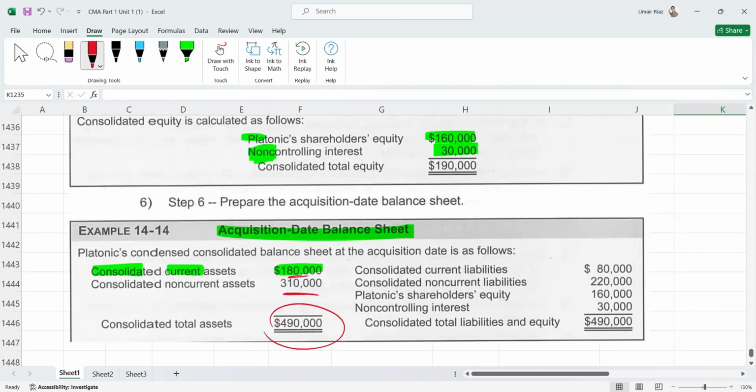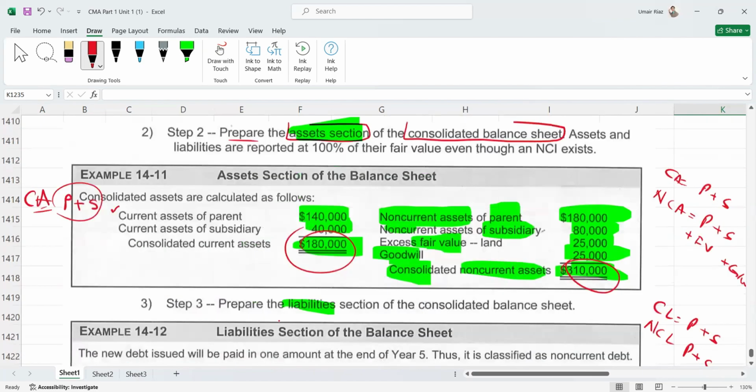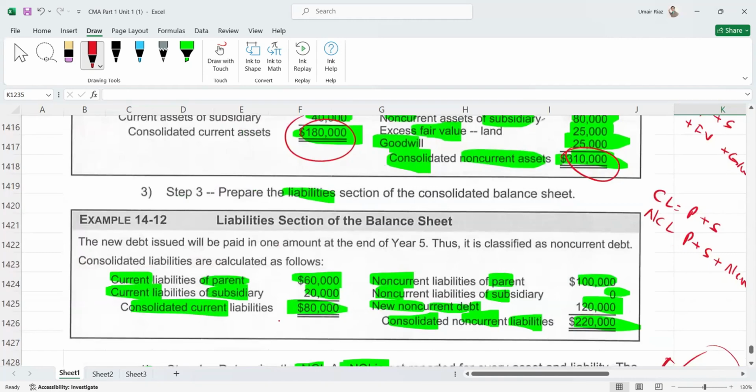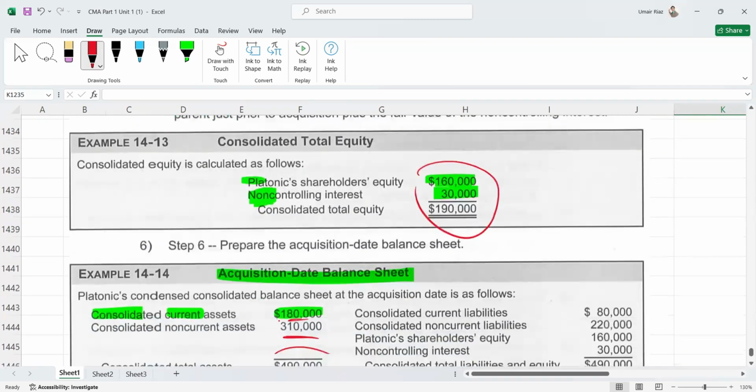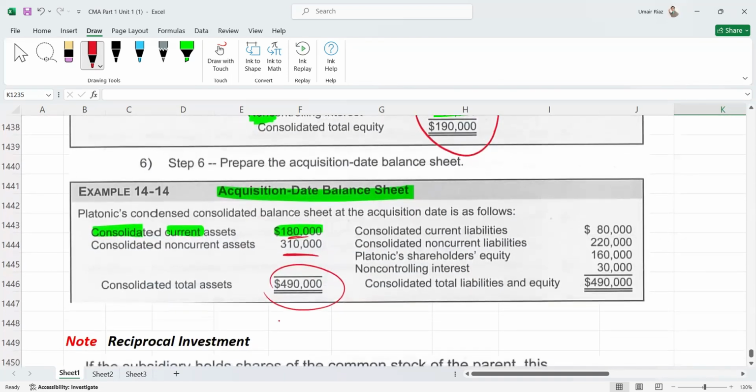Then from the liability and equity side, we have current liabilities 80,000, non-current liabilities 220,000. And then we have equity, this figure, 160 and 30. Consolidated current liabilities 80,000. Consolidated non-current liabilities 220,000, parent's equity 160, NCI 30,000. And this is consolidated total liabilities and equity, 490,000.